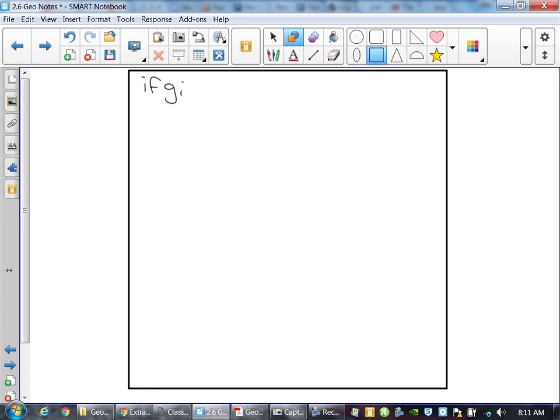If given, linear pair. If you're given that you have a linear pair, the easiest thing to do, I'm trying to think if they use supplementary off this or not. Do they say it's a supplementary pair of angles, or it calls it create a line?